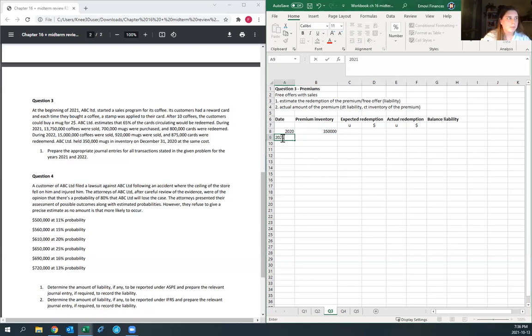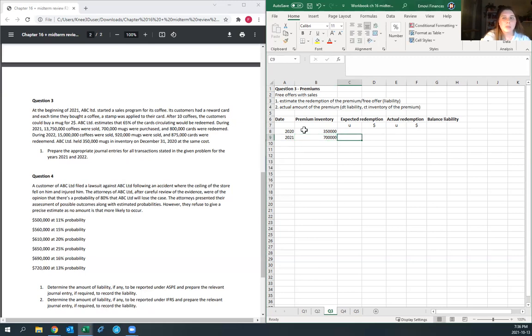For 2021, it says that 13,750,000 coffees were sold, 700,000 mugs were purchased, and 800,000 cards were redeemed. For your premium inventory, they purchased 700,000 mugs, so that increases their inventory.